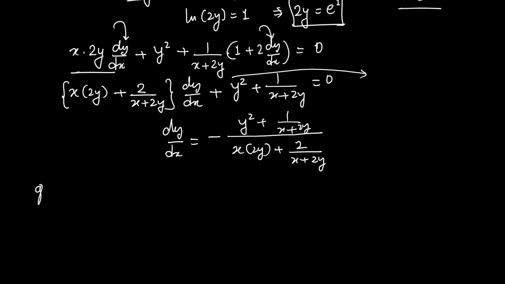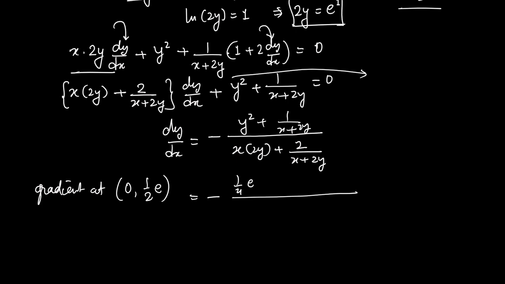So the gradient at 0 comma half e is denoted by dy over dx. This equals negative of y squared, meaning the square of this, 1 over 4 e squared, plus 1 over 0 plus 2e, where 2y is just e, over x means 0, so 0 times e plus 2 over 0 plus e.